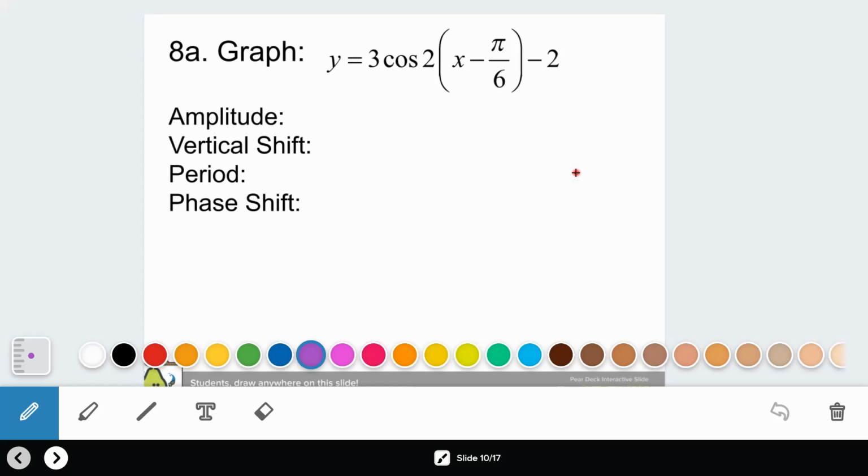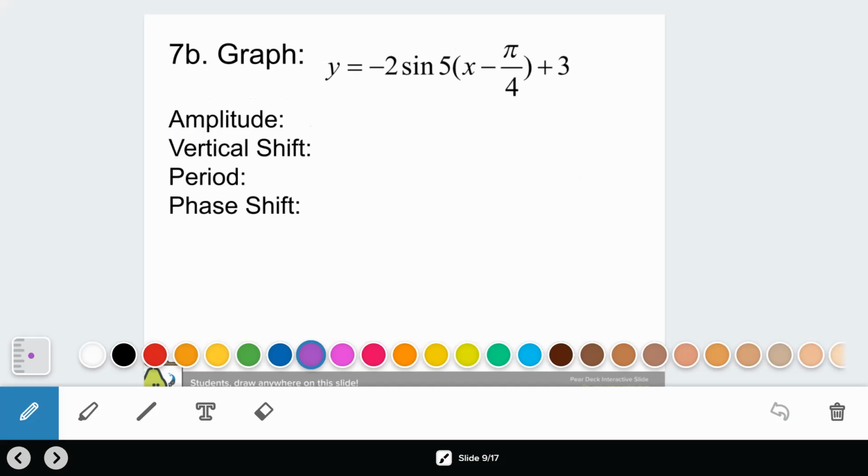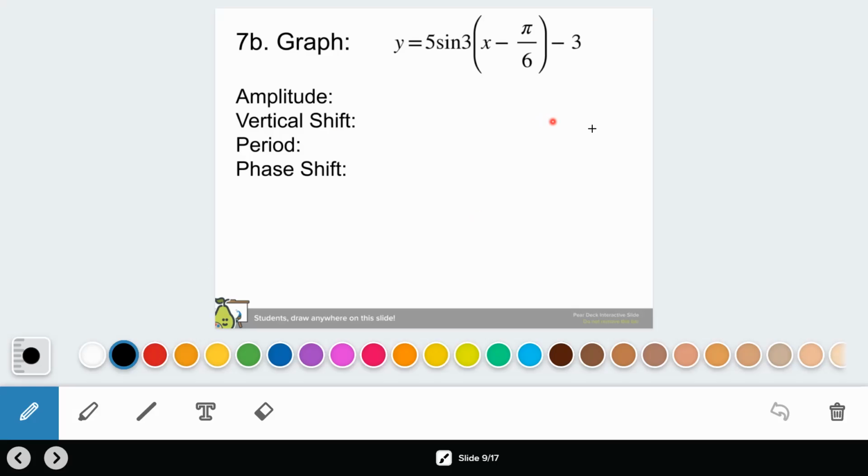So for number 3, I'm going to pause this. I'm going to put a new one up here. Okay, so 7b and 8b were both copies of the same sine and cosine graph, so I changed it. So this is going to be the new 7b.